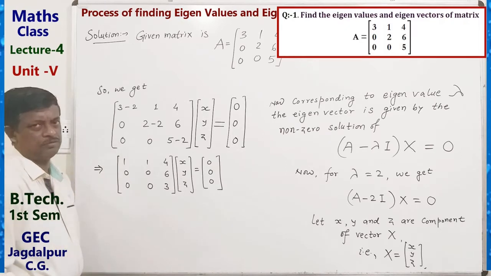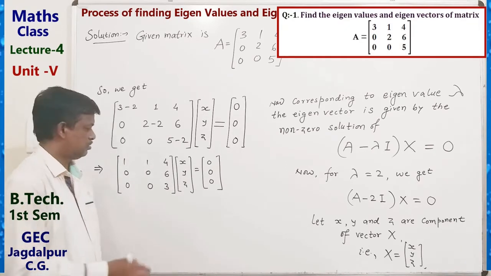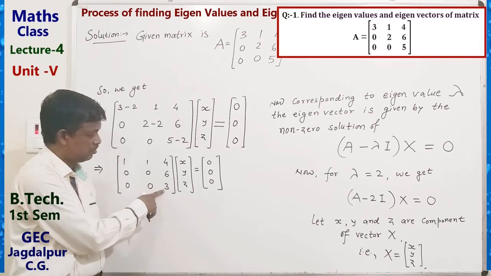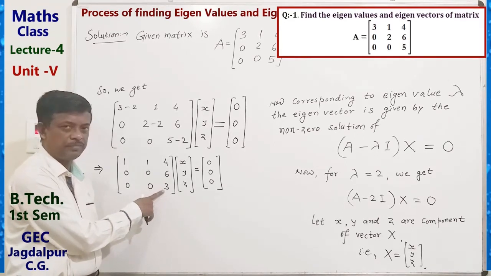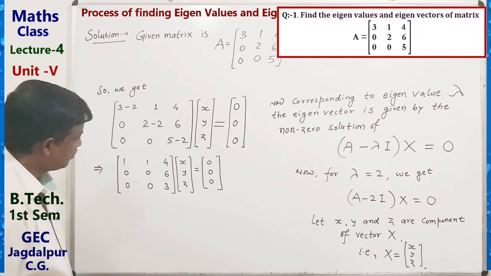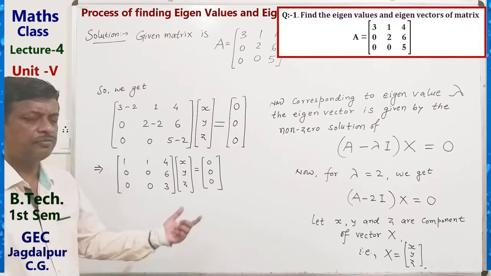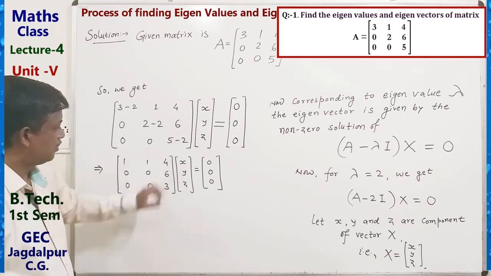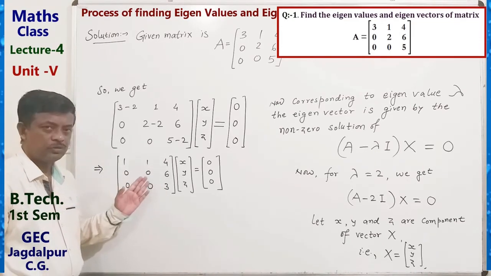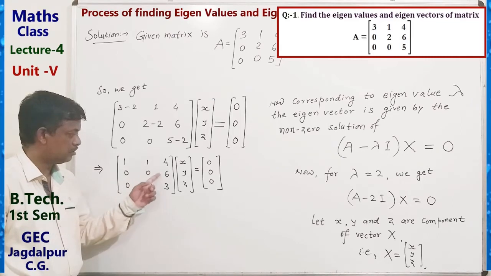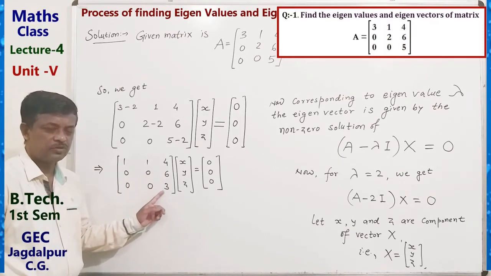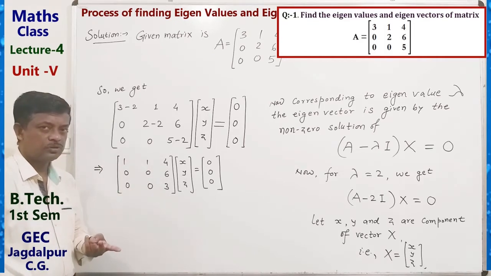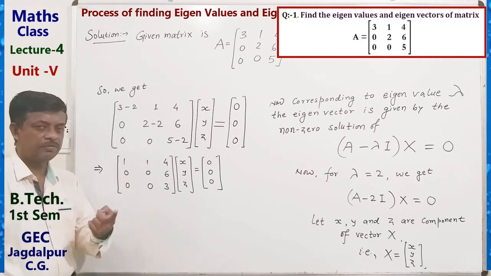Here the rank is 2, so one variable will be arbitrary.